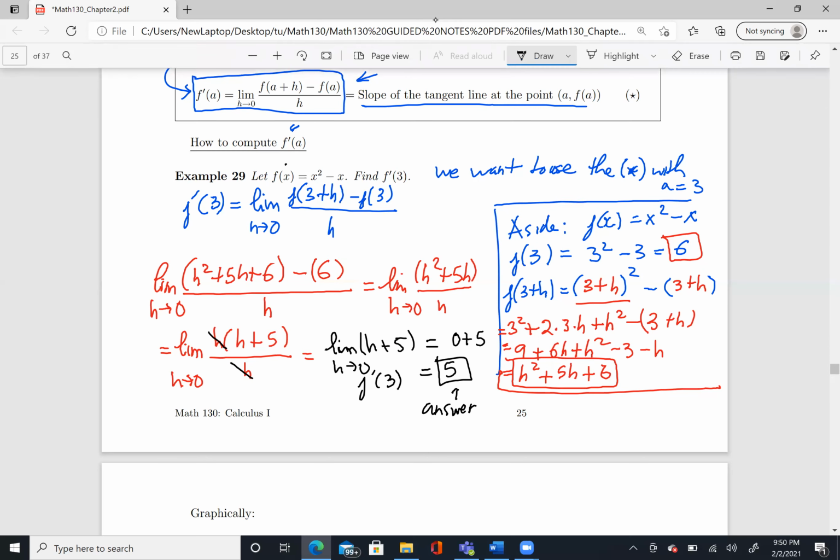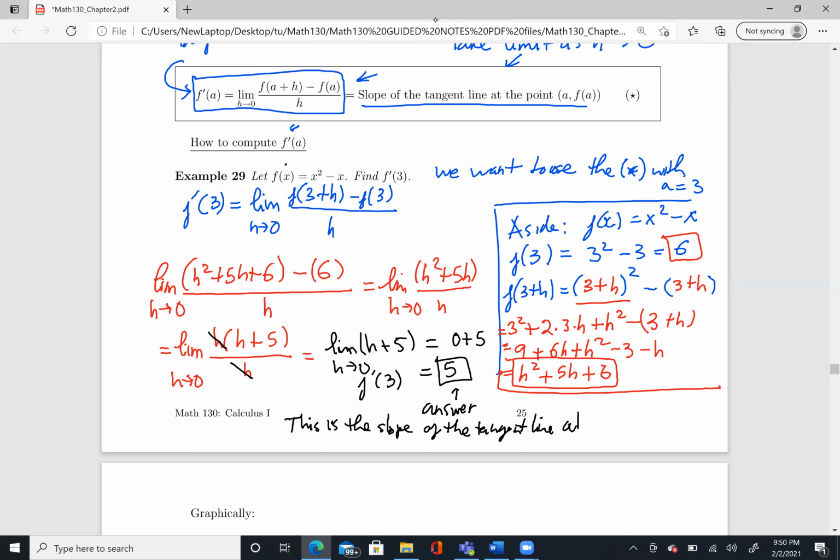So I'm going to say this is the slope of the tangent line at x equal to 3 of f of x equal to x squared minus x.